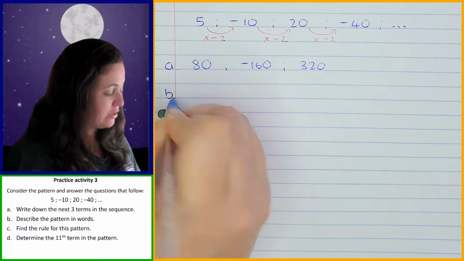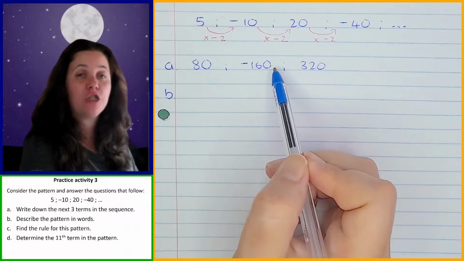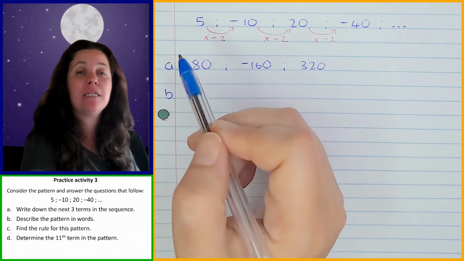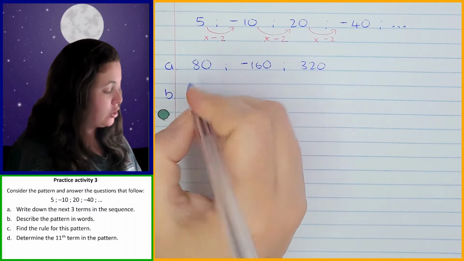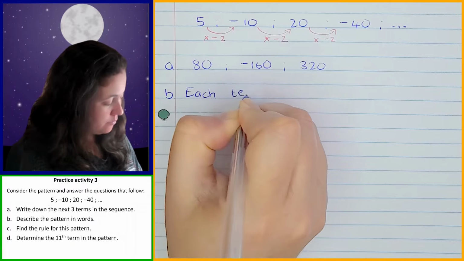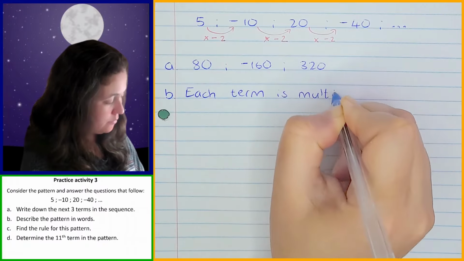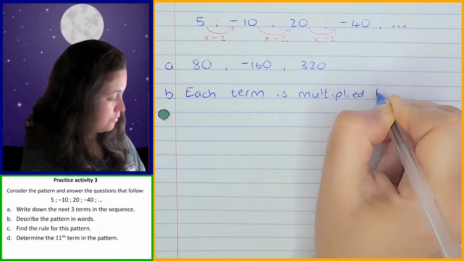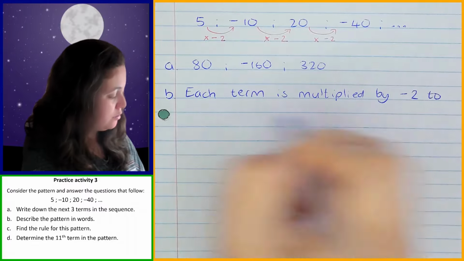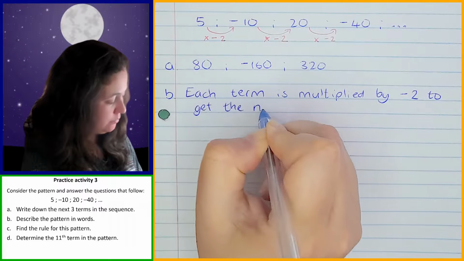Then question B, we have to describe it in words. Okay, so in this pattern, our constant ratio is negative 2. So what we're doing is we're taking each term, we're multiplying it by negative 2 to get the next term. So each term is multiplied by negative 2 to get the next term.